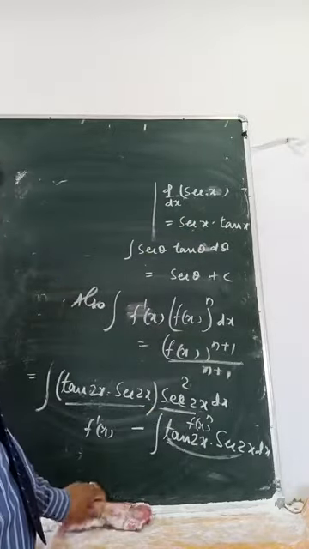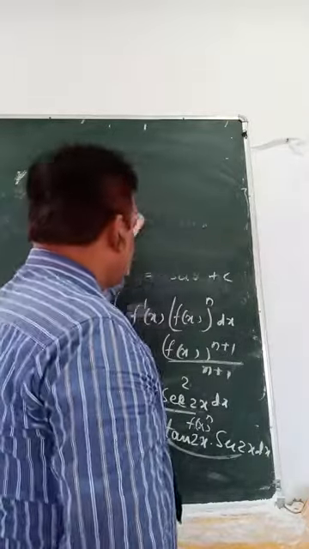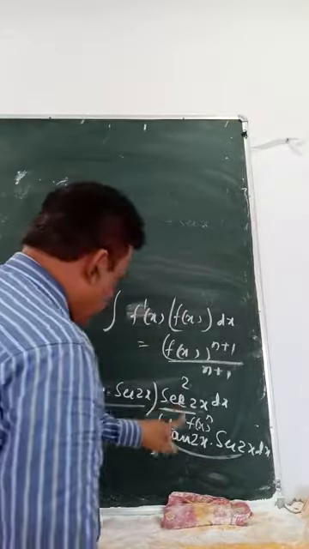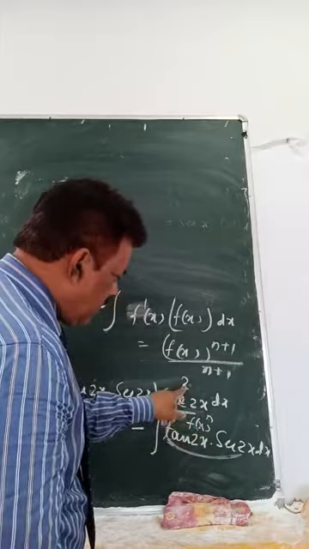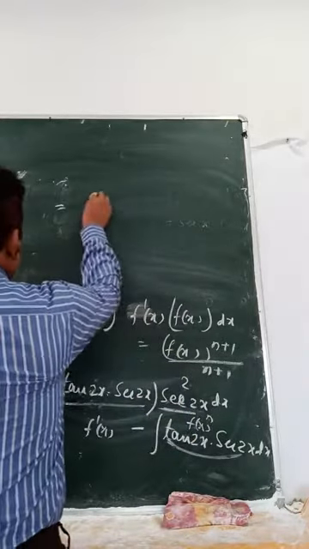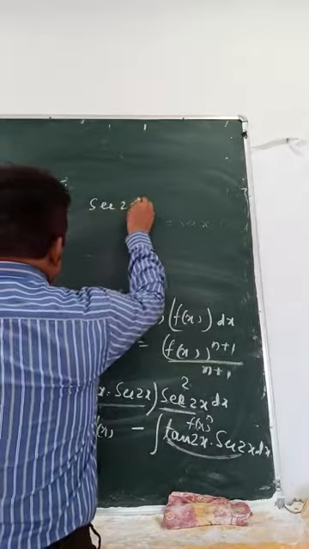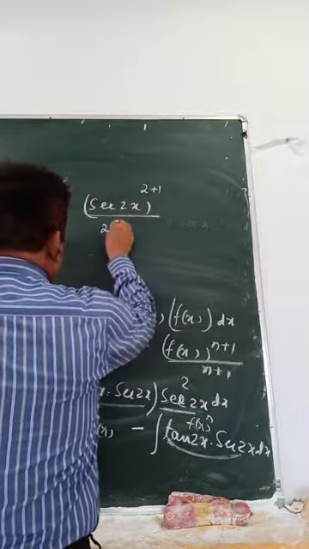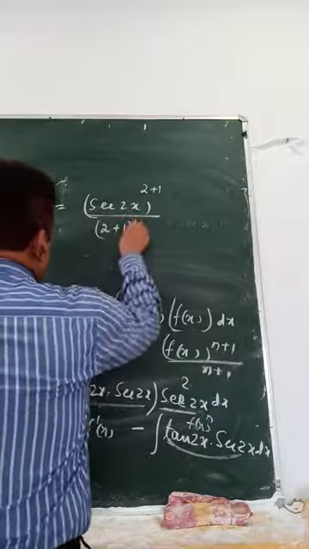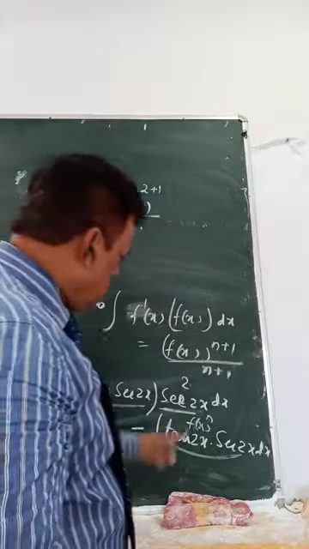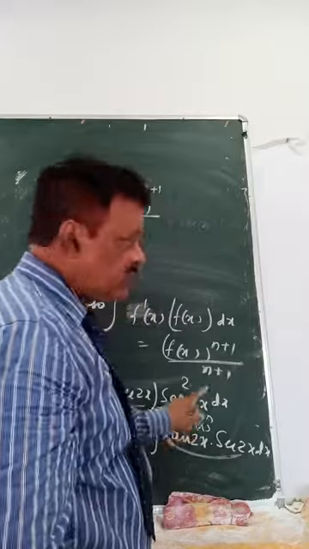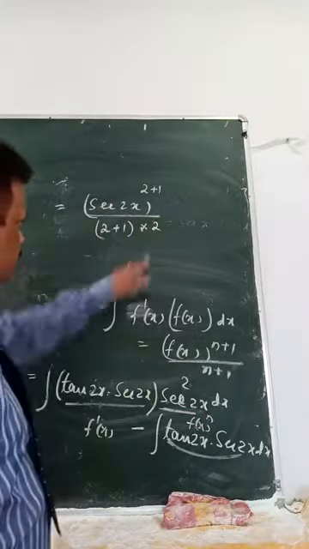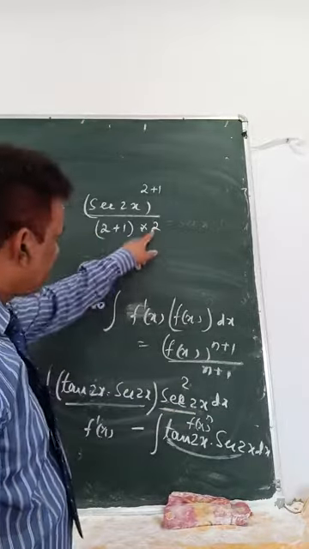So what is the conclusion then? When I integrate fx to the power n, n means 2. So the first part will be sec 2x to the power 2 plus 1 by 2 plus 1. But chain rule, because in place of x you have got 2x. 2x's derivative is 2, you have to divide. This 2 is the chain rule part.